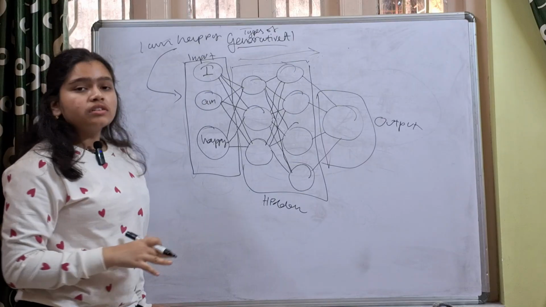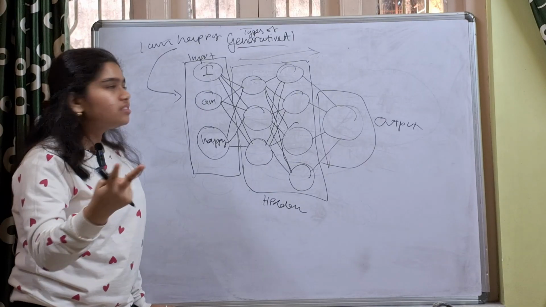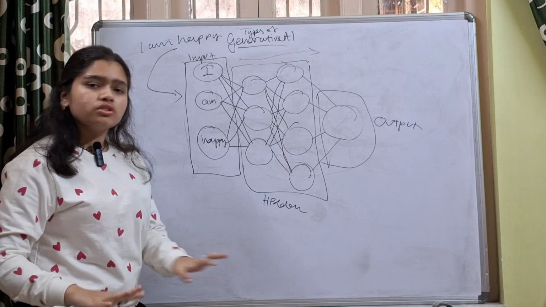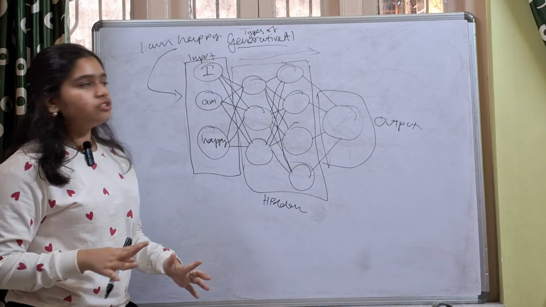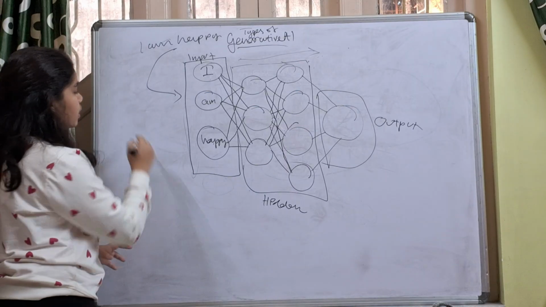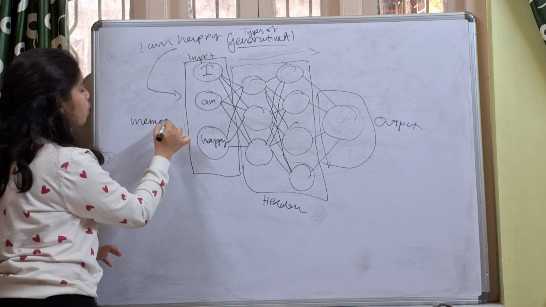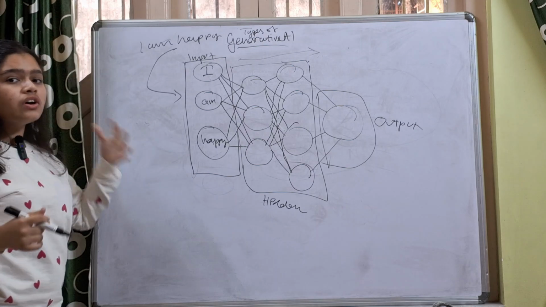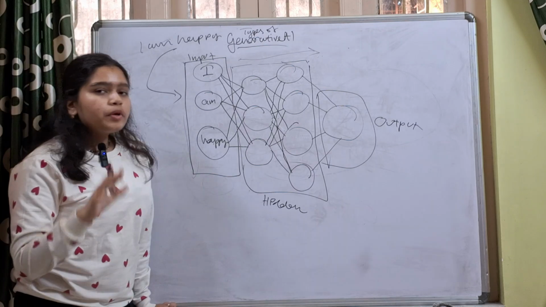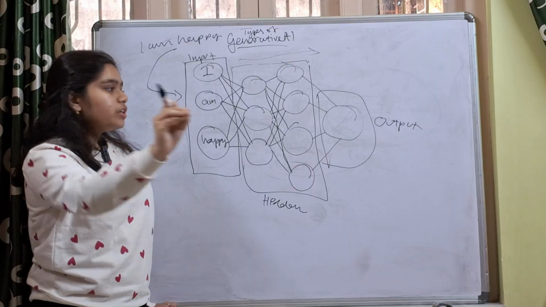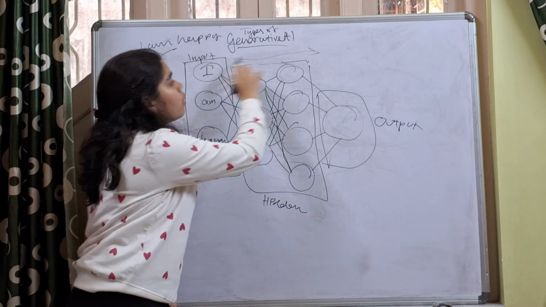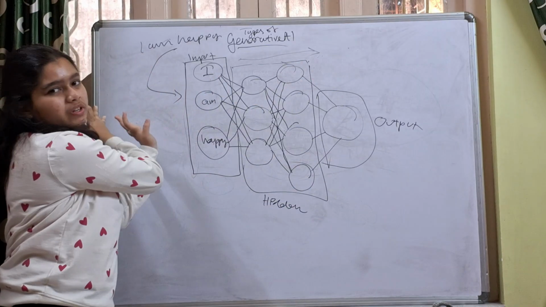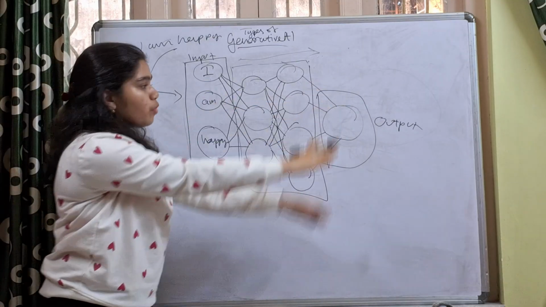Or if you give two images as input, both images do not have any connection with each other, because in a typical neural network there is no memory. It doesn't have the recalling power. Feed forward neural networks go in the forward direction. They do not remember what happened previously, only what is forward.